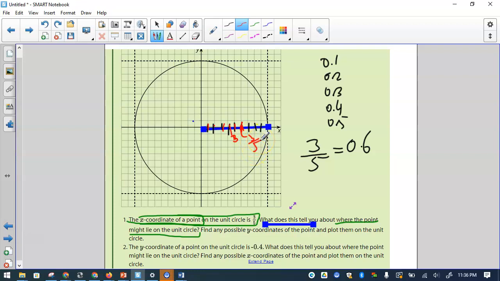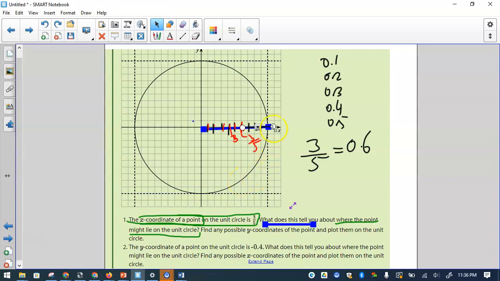So we want to know where those points are which have x coordinate 3/5. So I can go directly and say, we can think of going from here all the way here. Look at this. So that point is in the first quadrant, or you can go on the other side in the fourth quadrant.